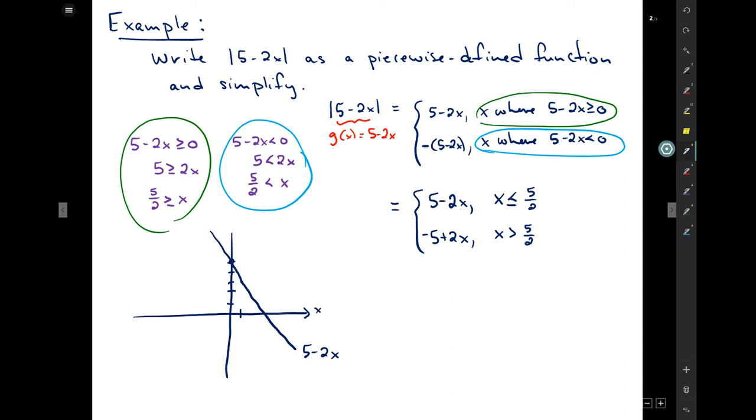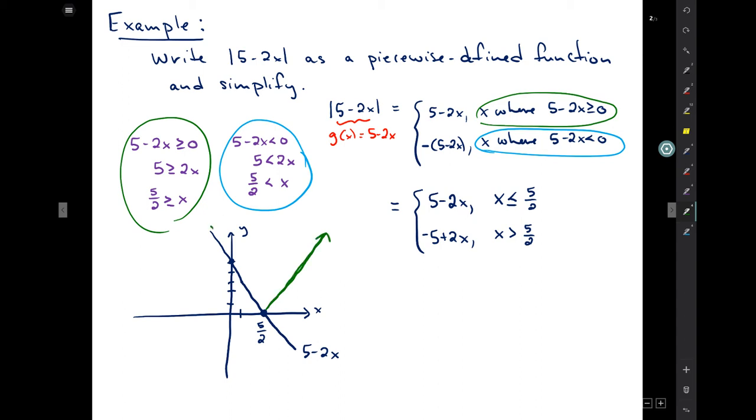Here's my x-axis, here's my y-axis. And you can see this point here is where that is equal to 0, and hopefully you believe me when I say that that's x equals 5/2, that if I stick that in there, I get 0. And so what we're doing when we take the absolute value is we're taking this part that is below the axis, that's negative, and we are flipping it up above the axis.